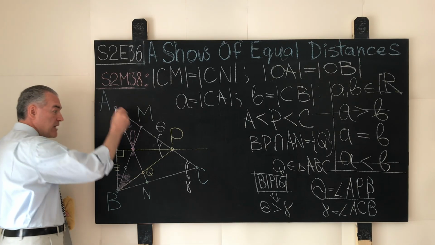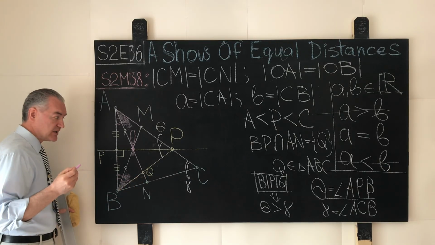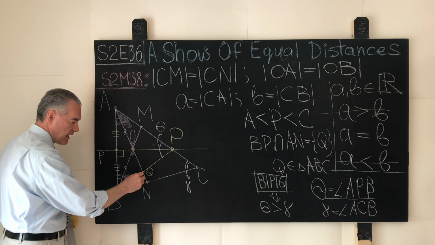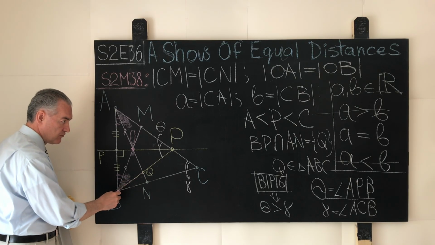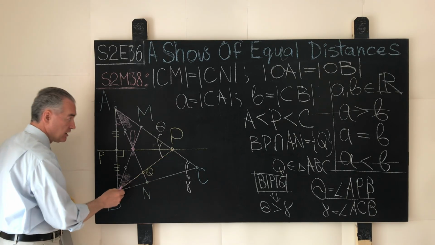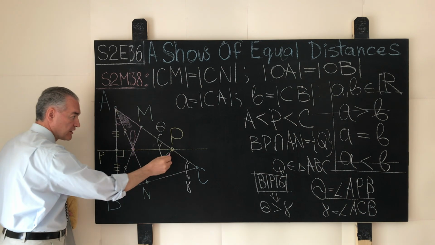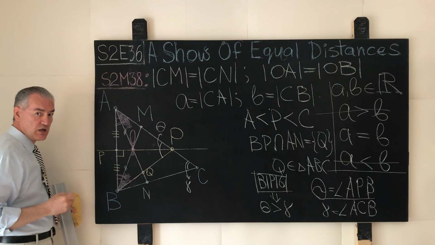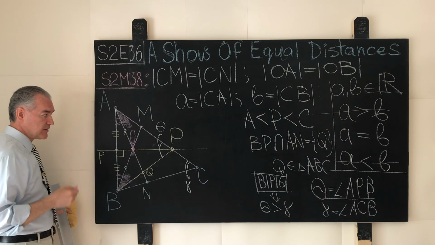But the triangle APB is isosceles. That means that if we subtract one and the same magnitude, QB, from the length of the side PB and MA from the length of the side PA, we will have exactly the same distances as well.